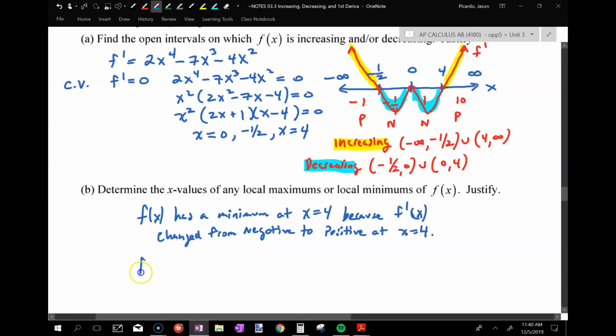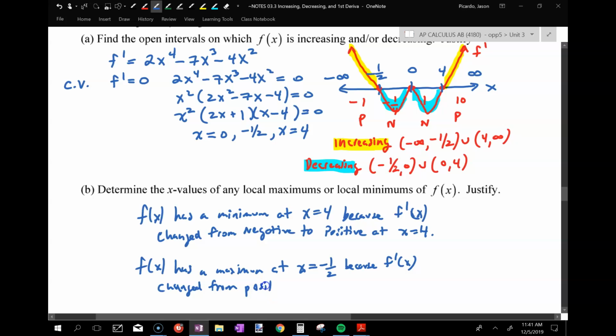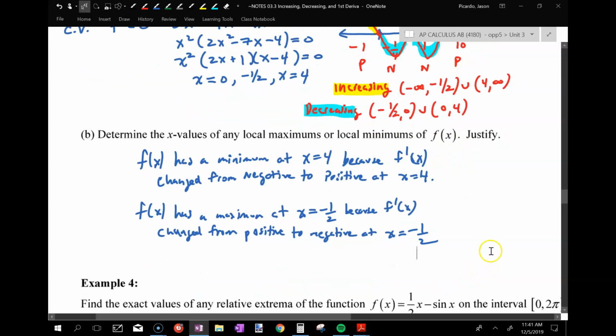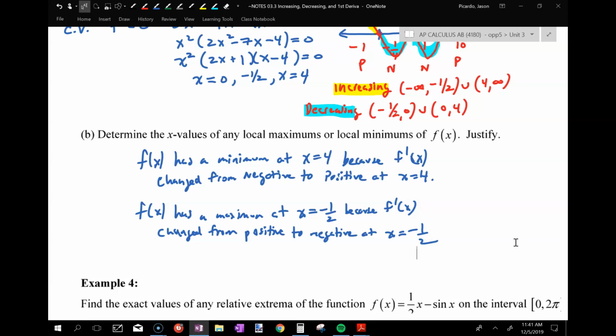So the maximum occurs at that. All right, and guys, that concept right there becomes super, super important.